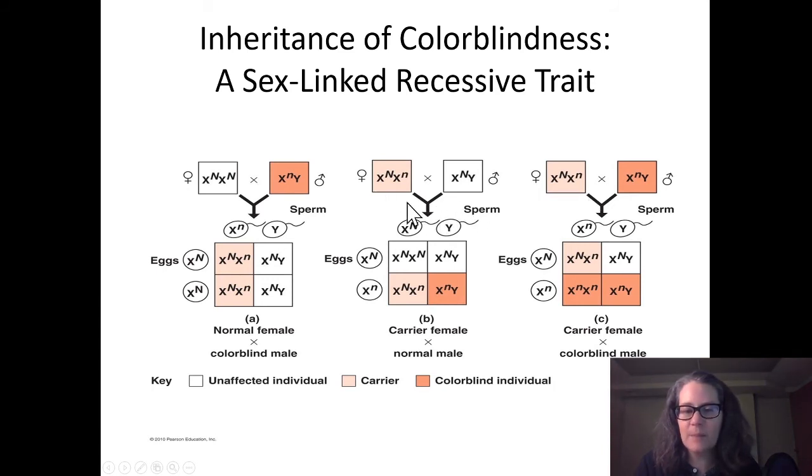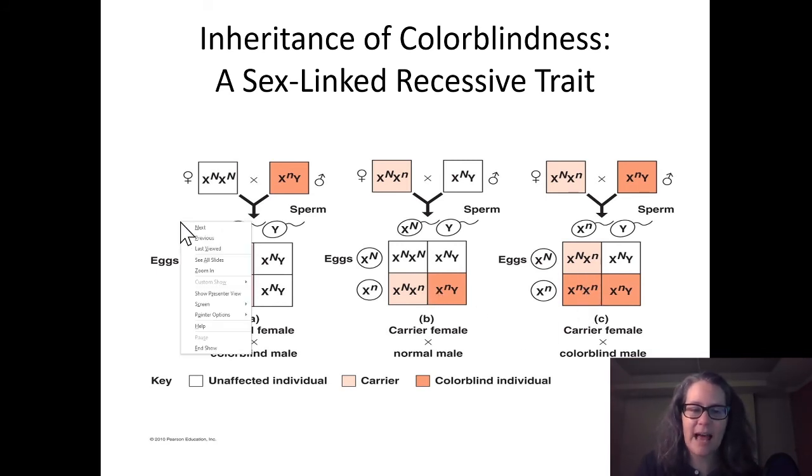This is the most common, where the female is a carrier, marries a normal color vision male, and then 50% of her male offspring will have colorblindness. Versus this one, if you have a carrier with a colorblind male, this is the case where you could get some females with colorblindness, right? So this is the only way, and even then it's like 50%. So it's still quite rare that would happen.